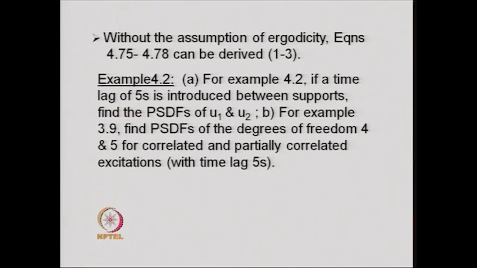In that case we start with the autocorrelation and cross correlation functions of the process or of the two processes, take the Fourier transform of them, and using that we arrive at all the equations derived before. We had also seen that there is a relationship between the autocorrelation function and the power spectral density function through a Fourier transform pair.